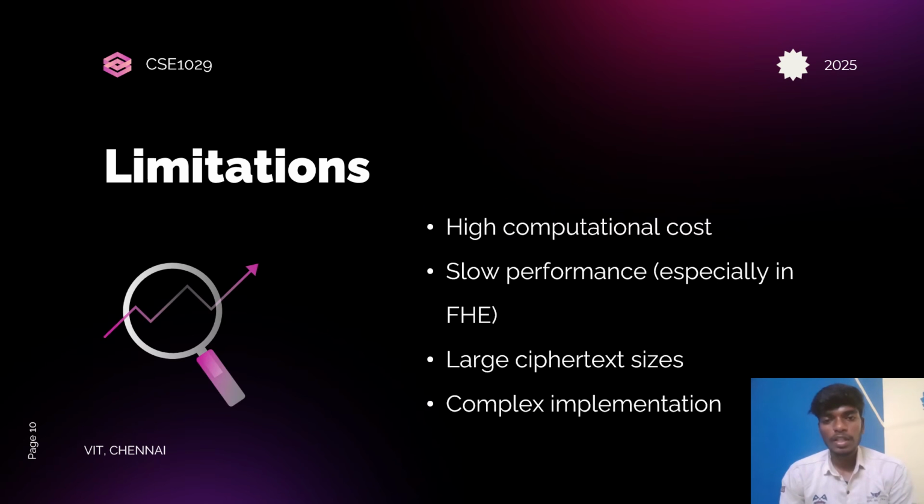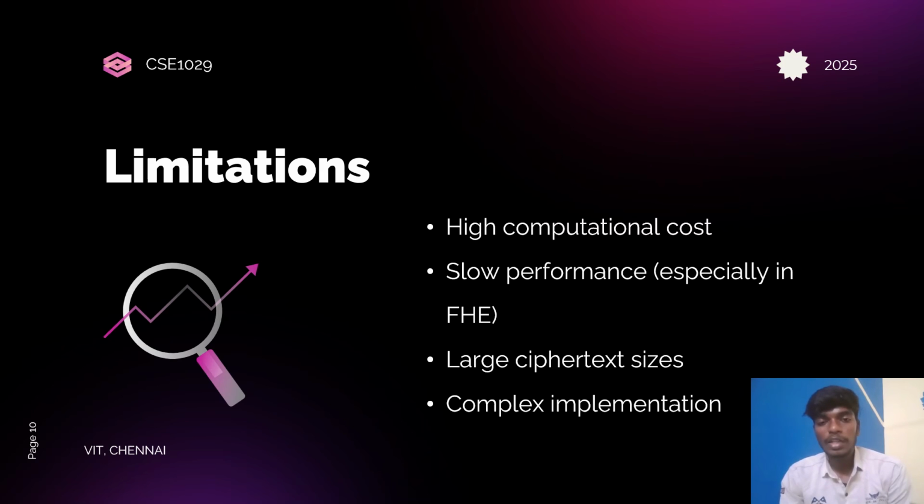Limitations of homomorphic encryption. It is highly expensive, with a high computational cost, since it involves a large number of encrypted messages. For example, say you are user A and you want to send the message "hello" to user B, your friend.